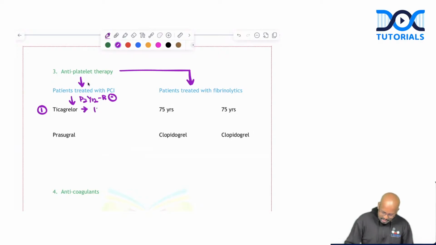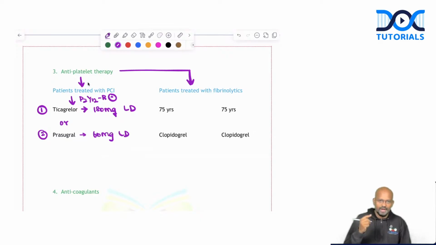Ticagrelor can be administered at around 180 milligrams. Everything is administered as a loading dose, guys. 180 milligram administered as a loading dose. Loading dose means a single dose, no? Like one dose we can administer. Or we can opt for prasugrel 60 milligrams, again given as a loading dose. One dose is given via oral route.